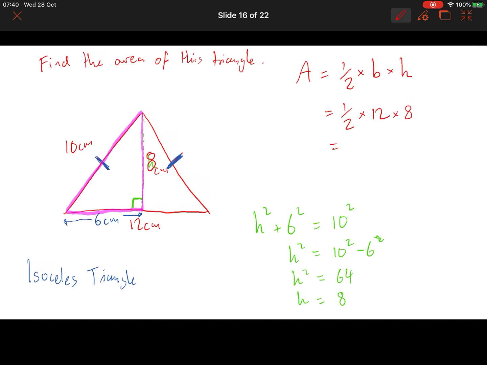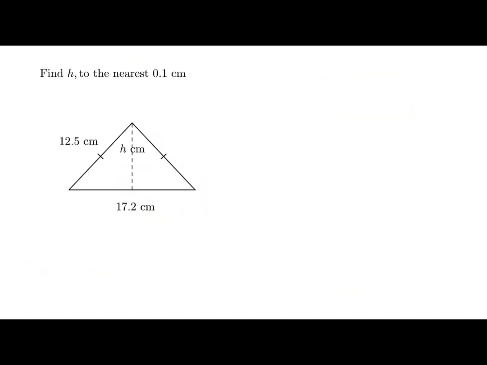I can now put that into my calculation for area. The area of my triangle is a half times 12, which is 6, times 8, which is 48 centimetres squared. That must be the entire area of this triangle. I hope that makes sense to everybody.